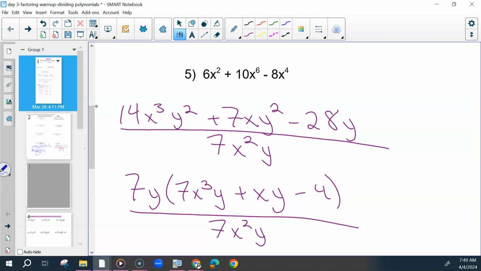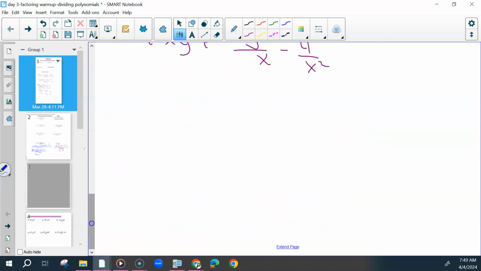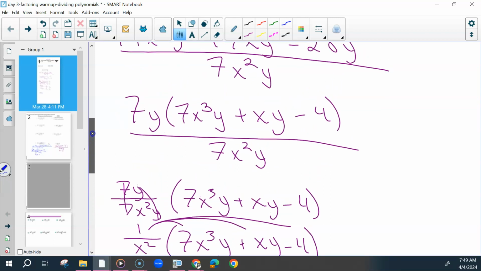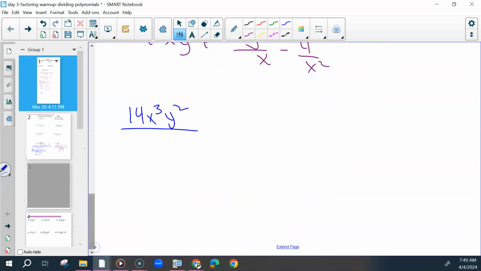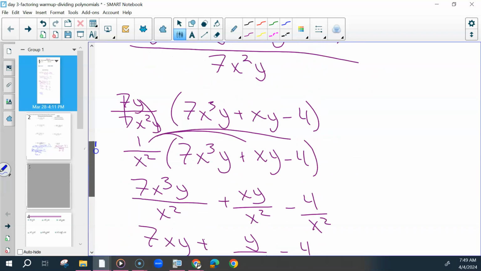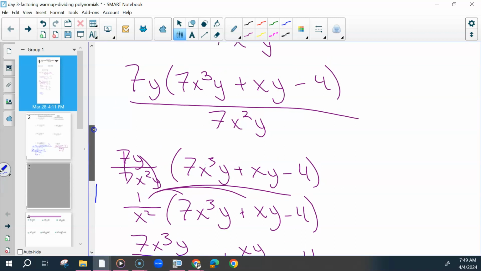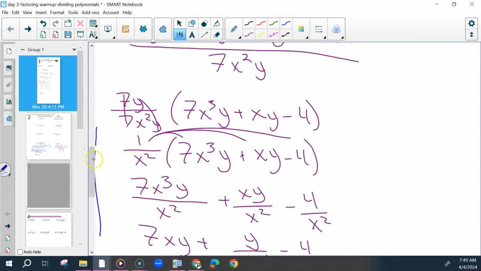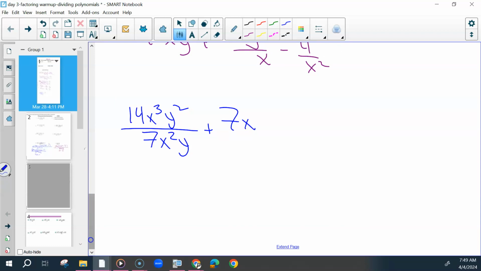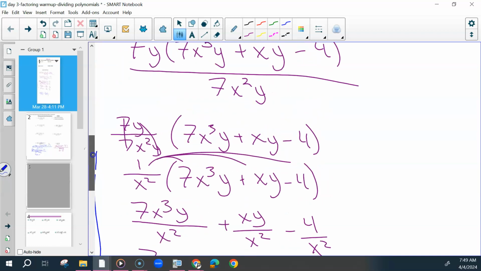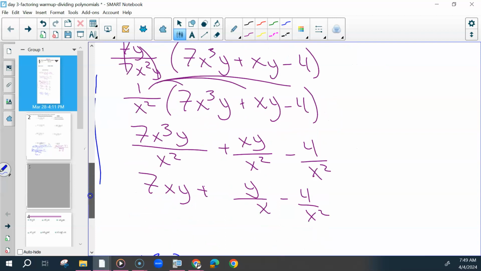So 14x cubed y squared over 7x squared y, plus 7xy squared over 7x squared y, minus 28y.